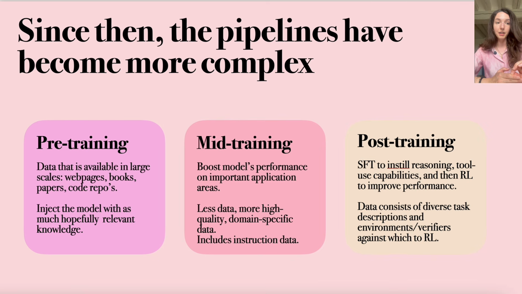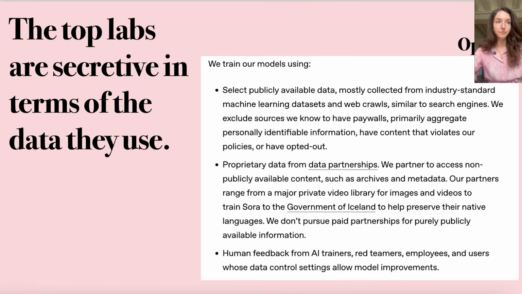It's a stage where we use less data, but the data is higher quality and domain-specific, and it includes, for example, instruction data and reasoning traces and so forth. And then we would also post-train, which at times still includes some supervised fine-tuning, but also a lot of reinforcement learning to actually get better at specific tasks.